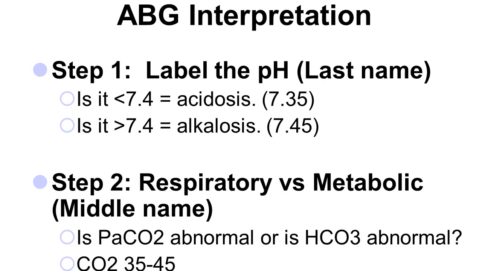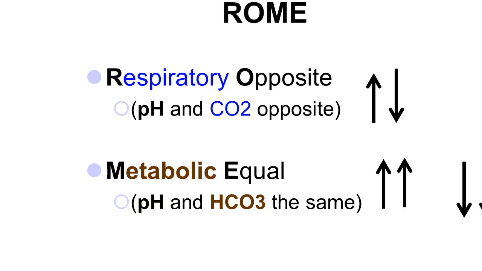I won't go into this, but I have downloaded some practice problems. I'm also going to upload an ABG case study so that you can get comfortable and familiar with solving and interpreting ABG results, okay?